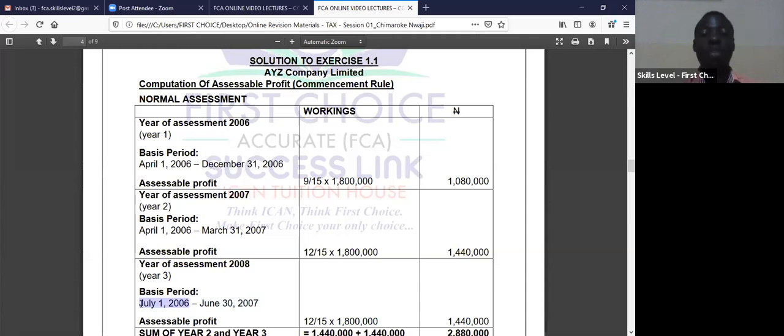But to save you the stress of counting backward, all you need to do is, if today is June 30, what is tomorrow's date? July 1. That is this one here. Then you just remove 1 year and make it 2006.